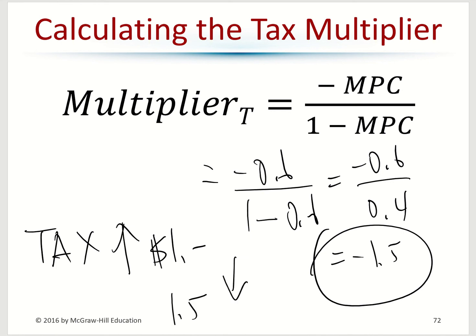That makes sense, because if you charge higher taxes, there's less money available to spend in the economy. Now, if you reverse it, if your tax goes down by $1, then the overall economy will have an increased spending of 1.5. So between tax and overall expenditure, they're inversely related. Higher taxes, lower expenditure; lower taxes, higher expenditure.